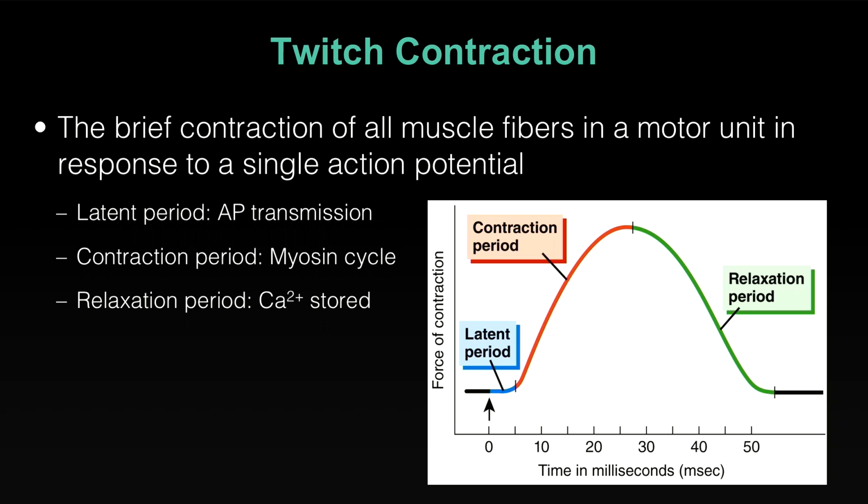What's not shown here, but is mentioned in the book, is the refractory period. And all muscle has a refractory period. Even skeletal muscle, but it's not really important in skeletal muscle. A refractory period is however much time after the action potential is delivered that the muscle is unresponsive to another incoming action potential.